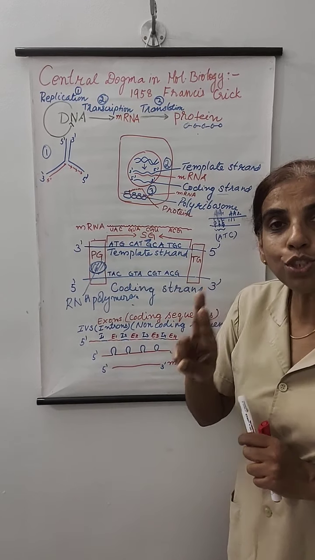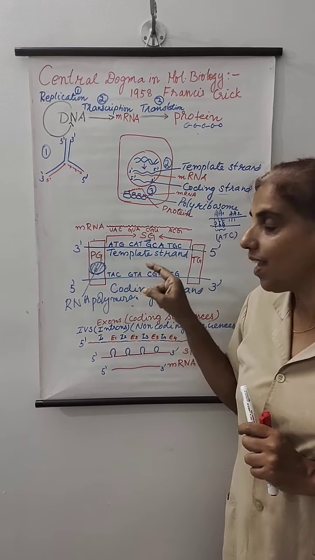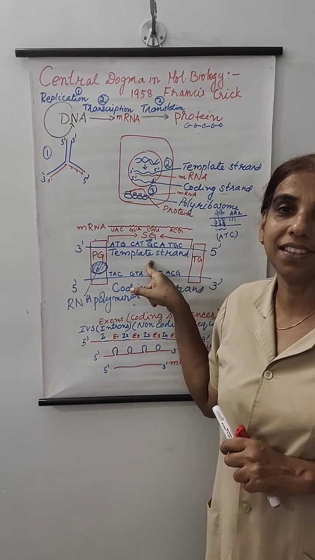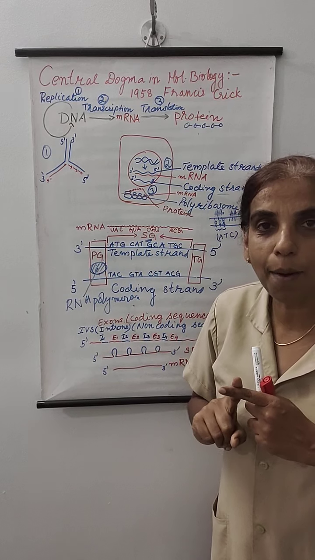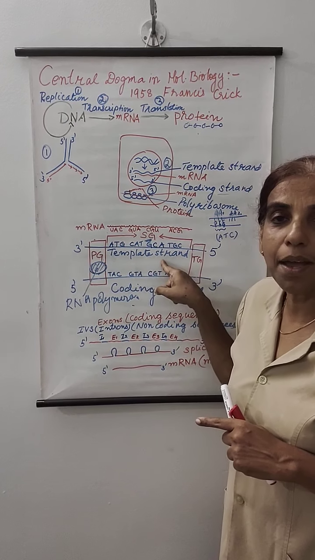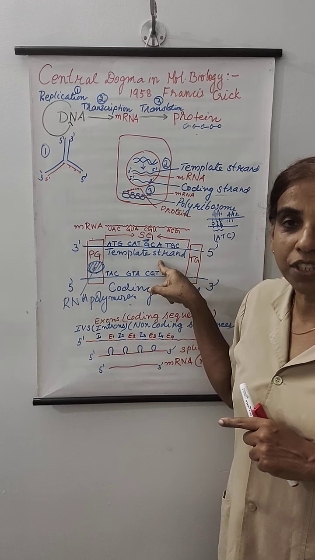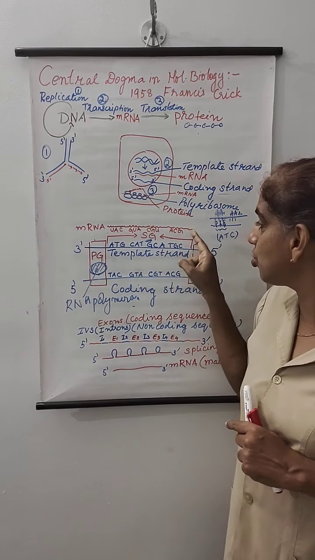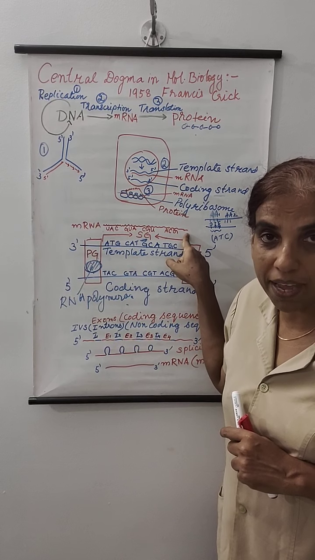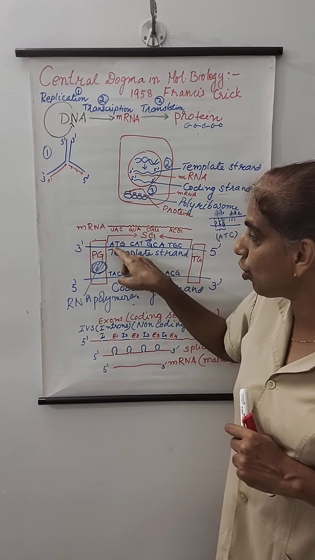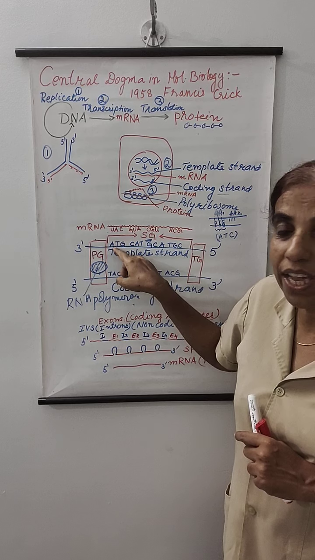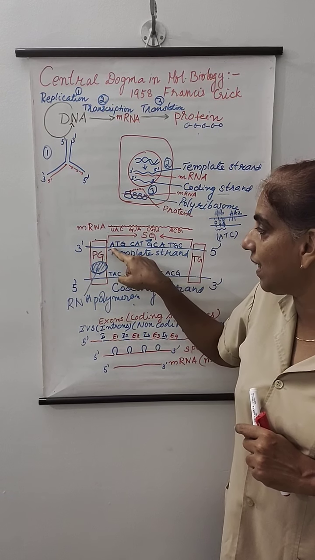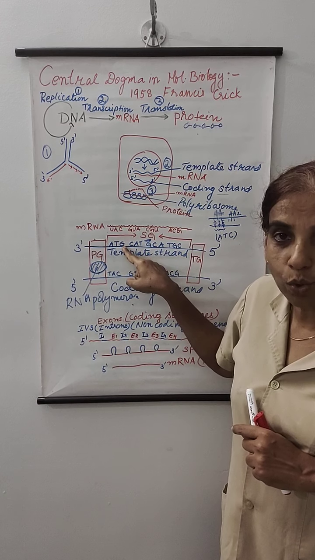So there are two reasons why only one strand of the DNA will direct the messenger RNA synthesis. Reason number one: when the template is synthesizing messenger RNA, the real functional protein is made, because when you look at these nitrogen bases, you can see ATG, adenine, thymine and guanine.